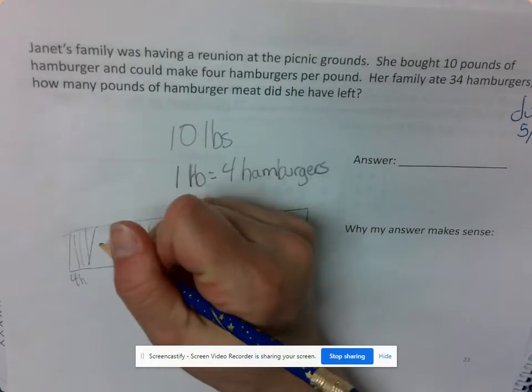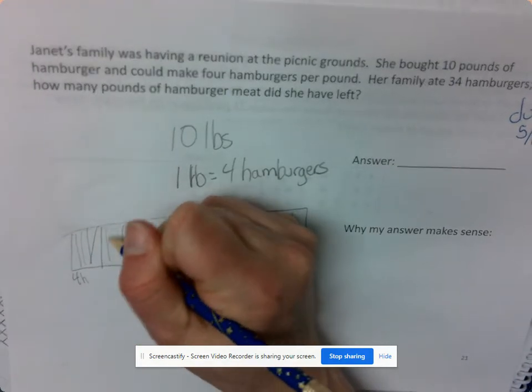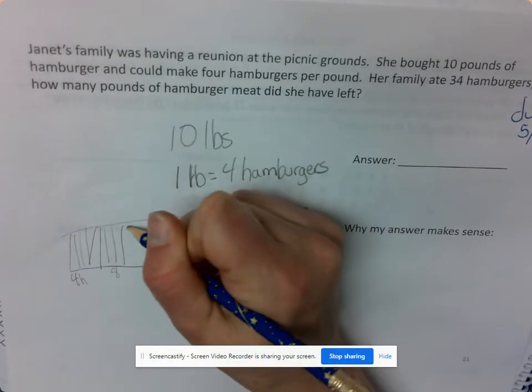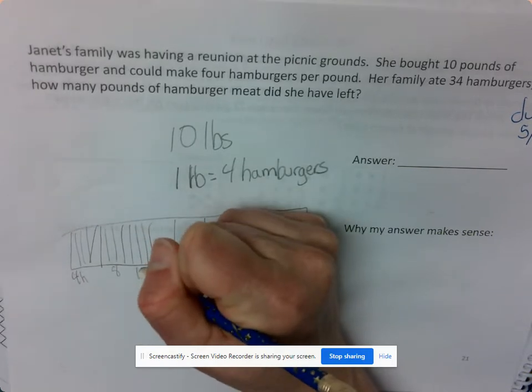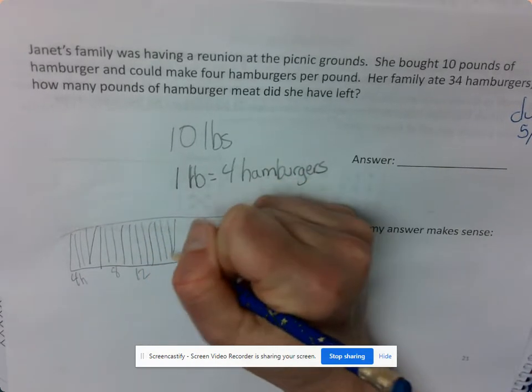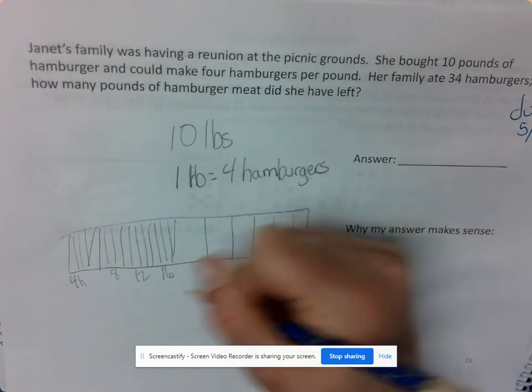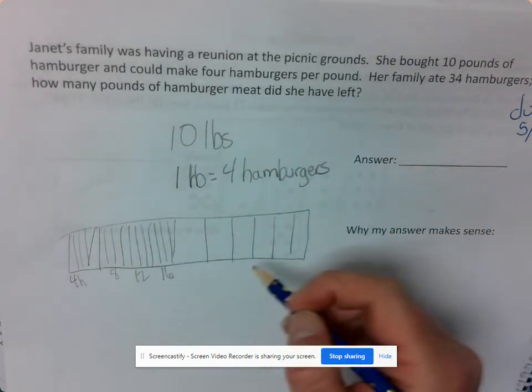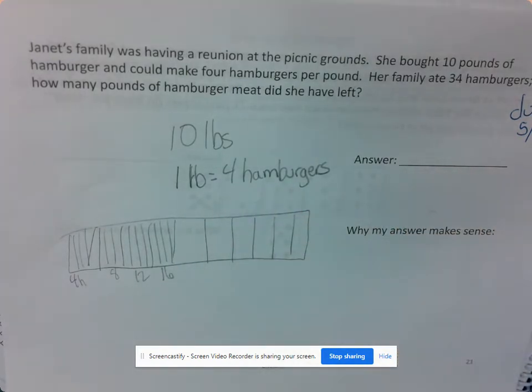So if I have 4 hamburgers here, 1, 2, 3, that makes 8 hamburgers. That makes 12 hamburgers. That makes 16 hamburgers. Go all the way up to 34 and see how many pounds you have left over. So you can do it using a bar model, or you can do it by working out the math.